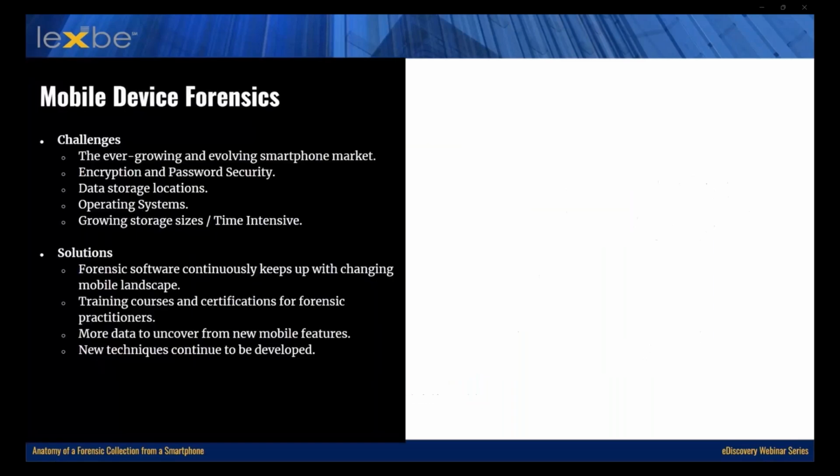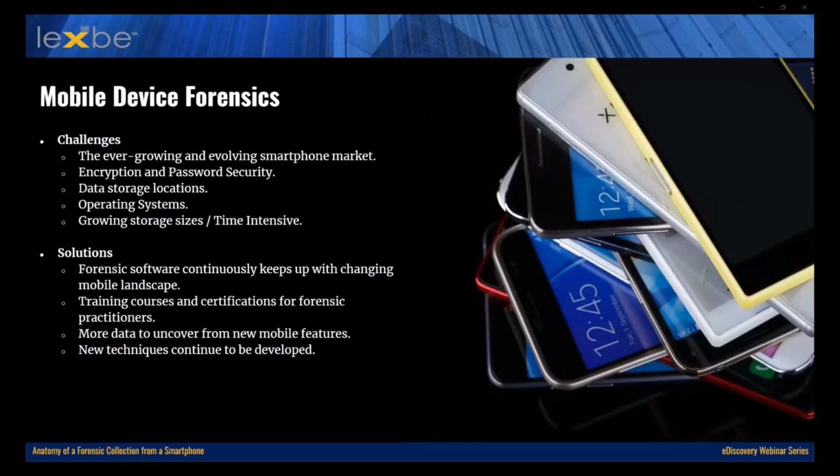And here are some challenges and solutions for mobile device forensics. Challenge would be the ever-growing and evolving smartphone market. Every single year, we get new iPhones, we get new Samsungs, we get new Google Pixels, and that doesn't even count any of the other Android smartphone manufacturers.